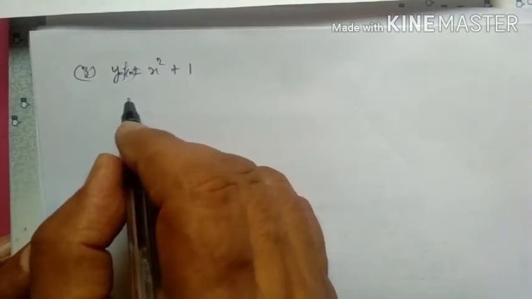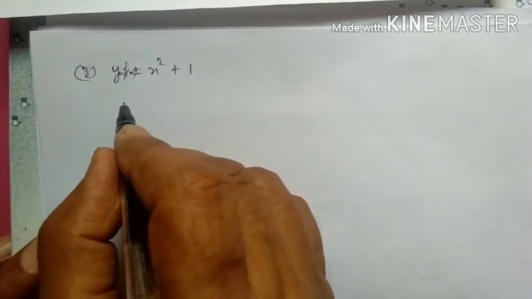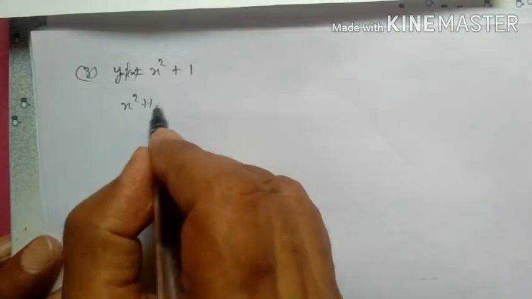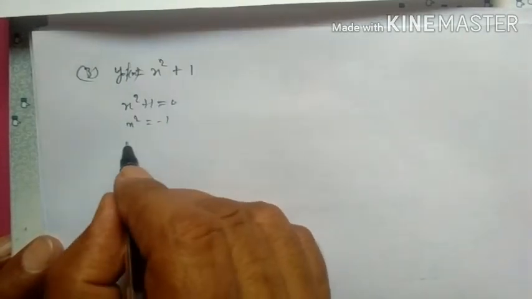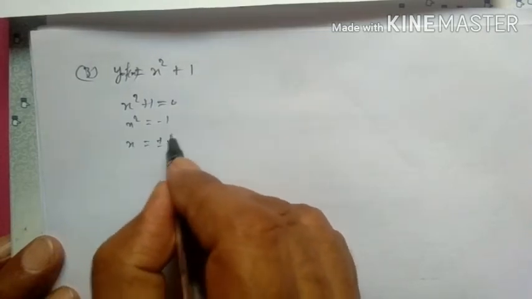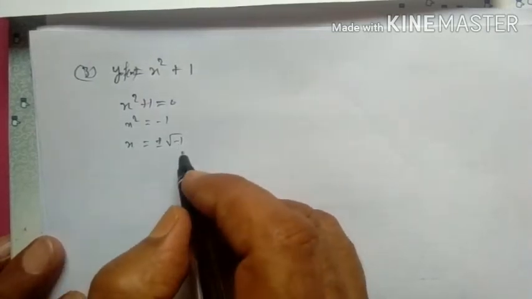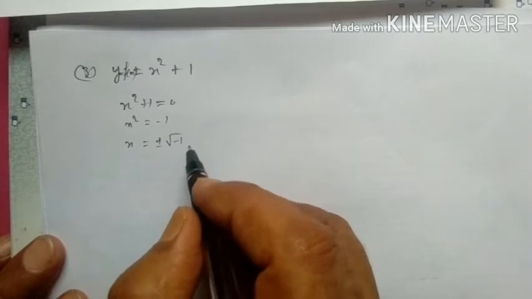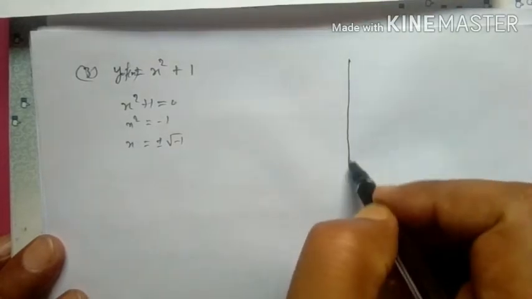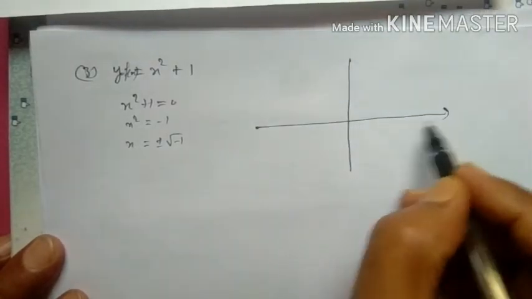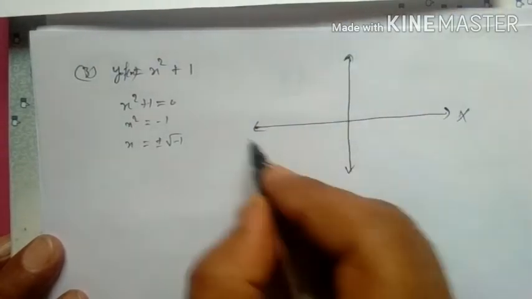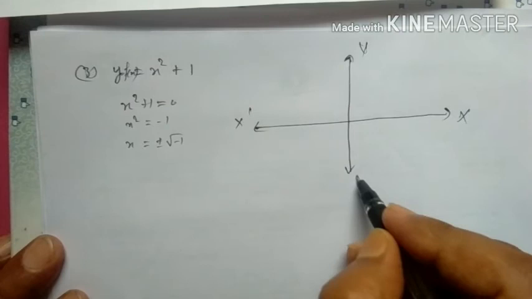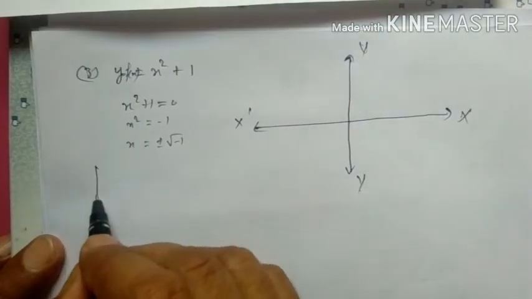When we write x square plus 1 equal to 0, then x square equal to minus 1, or x equal to plus minus under root minus 1. This is imaginary. So when we plot the graph of this polynomial, this is x dash, y dash.